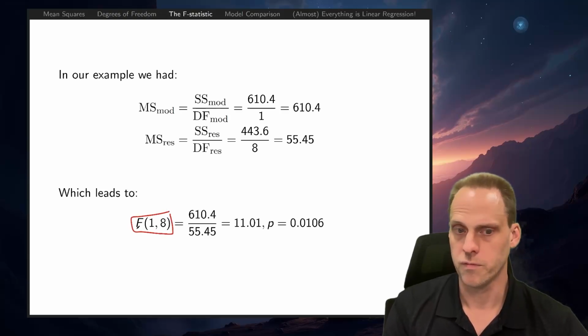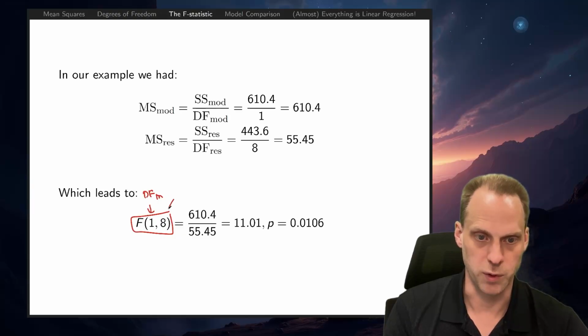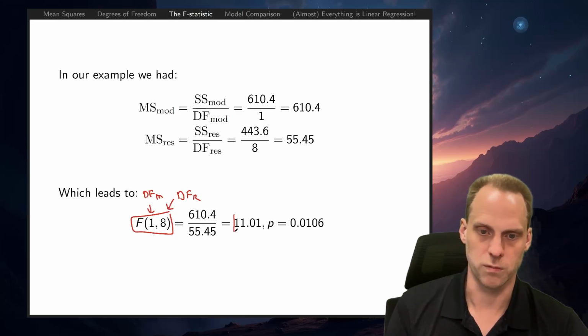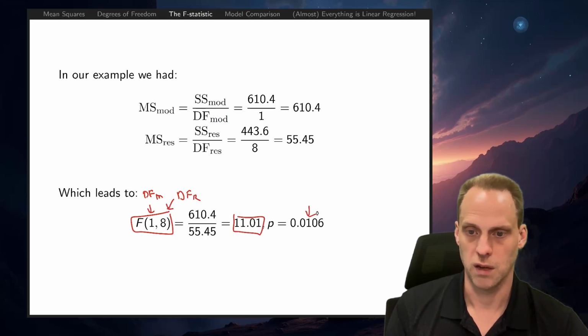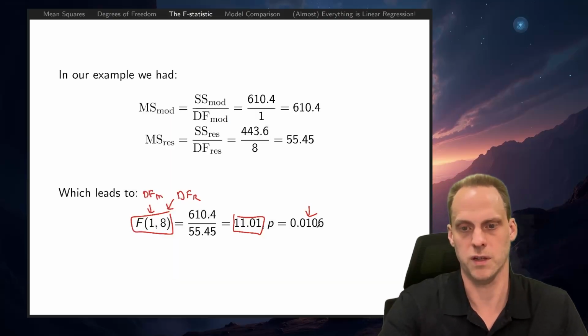Say F, open bracket. Here we put the first degrees of freedom, which in this case is the model one. And here we put the second degrees of freedom, which in this case is the residual one. We get some test statistic and we get a p-value out of there, right? So here we got 0.016.